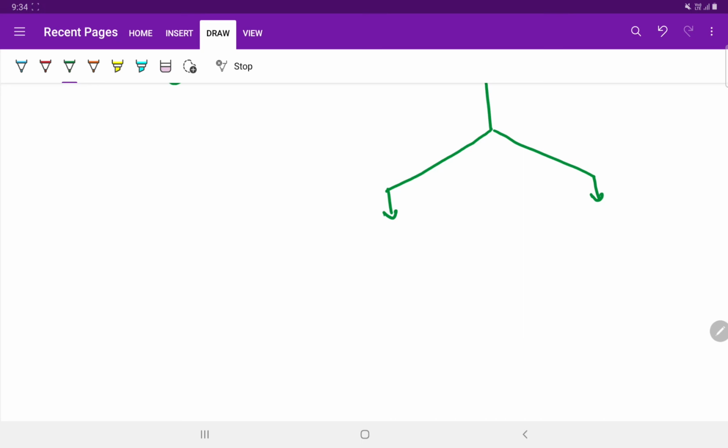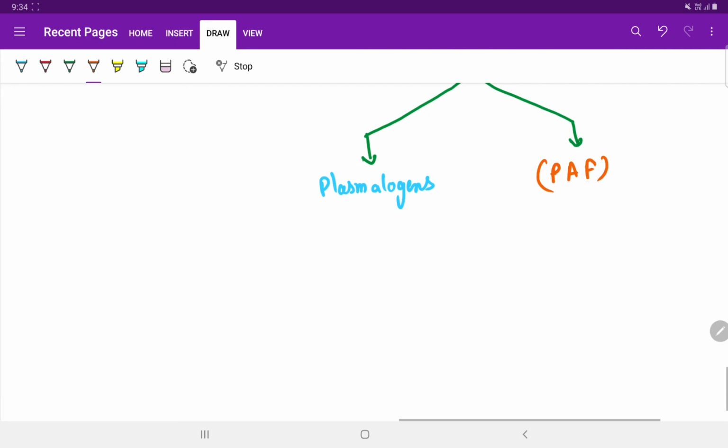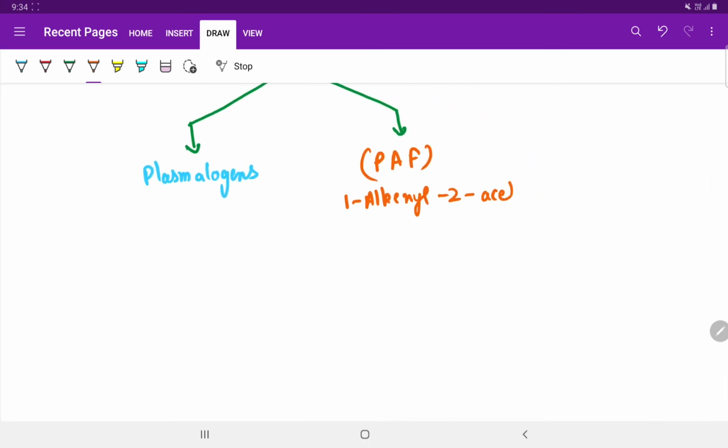So this 1-alkyl 2-acyl glycerol is further leading to formation of plasmalogens through a series of reactions, and on the other hand it leads to formation of platelet activation factor, also known by another name, 1-alkyl 2-acetylglycerol 3-phosphocholine. So this was the synthesis of plasmalogens.